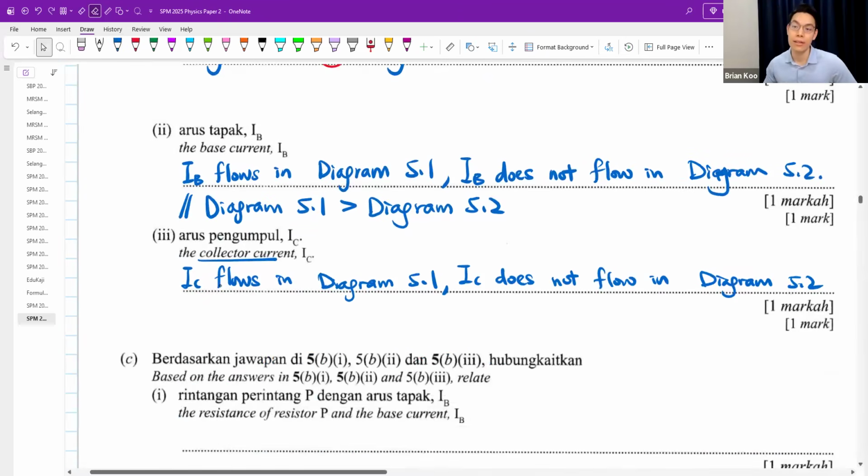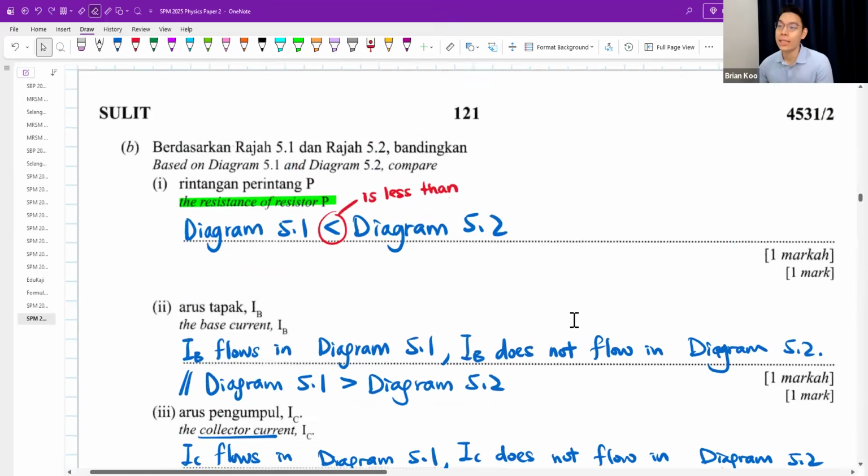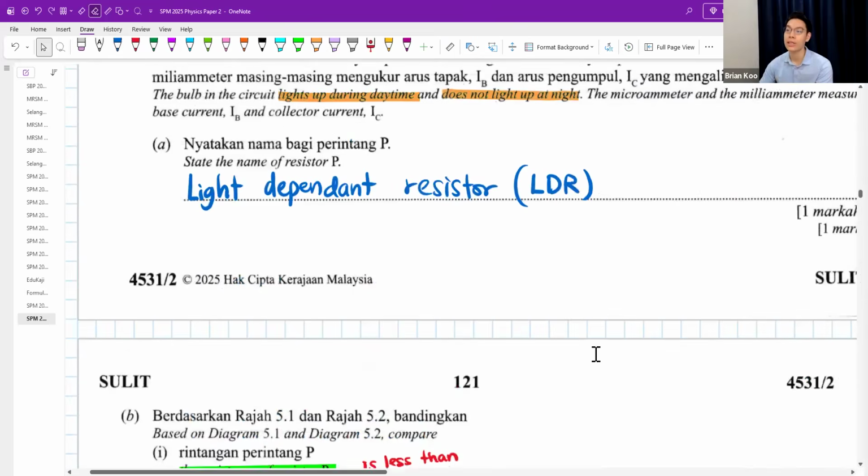Or if you just say diagram 5.1 is greater than diagram 5.2, they also accept.